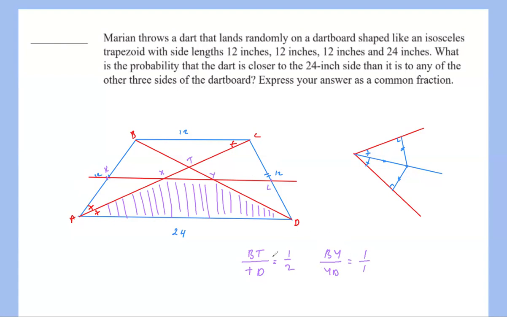So BD is actually a multiple of 2 as well as a multiple of 3, because the BT and TD ratio is 1/2. If I say this is 1K, TD will be 2K. And also BY and YD are equal. So if I call BY as K or T, then YD is also T.